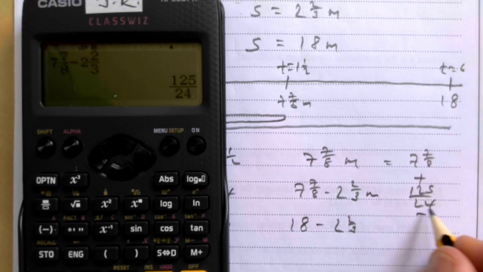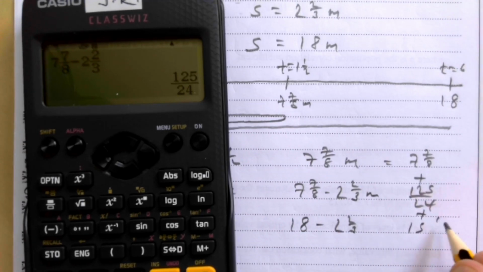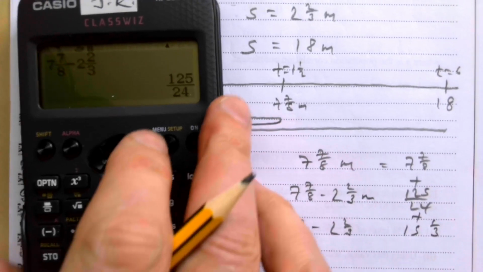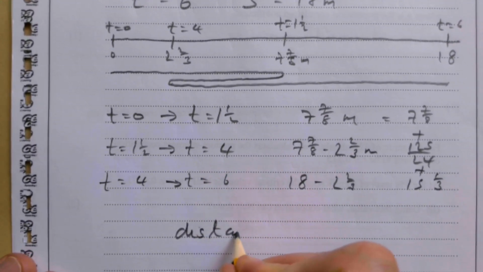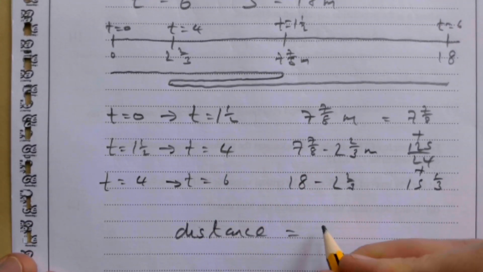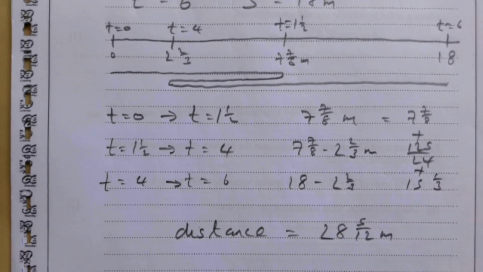I think that's straightforward enough, isn't it? 18 take away 3 would be 15, so it's 15 1/3. Adding those three values up, we get our total distance, which is going to be 28 5/12 meters.